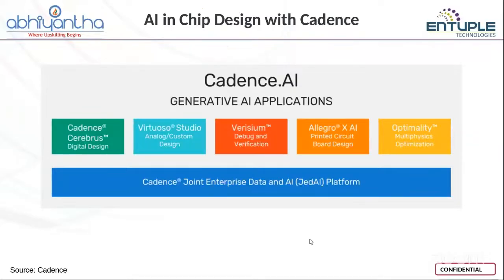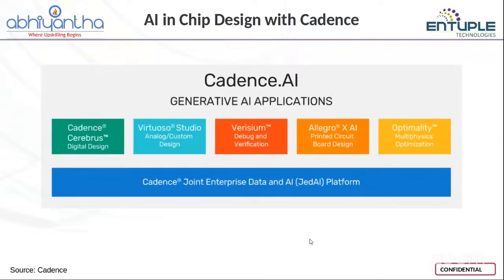This Cadence joint enterprise data and AI platform, the JedAI platform, will give you this. On the digital IC design side, we have a tool called Cerebrus. And on the analog or custom IC design side, we have the newly enhanced Virtuoso Studio, which is a high-end application.